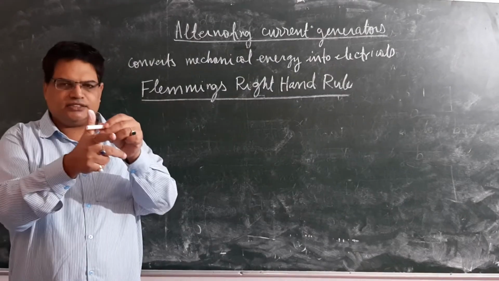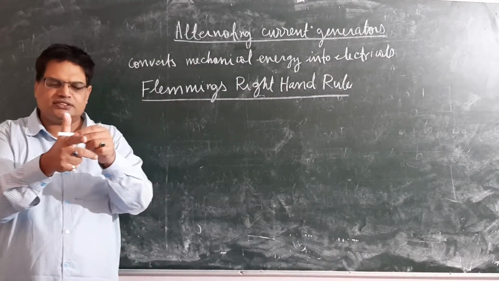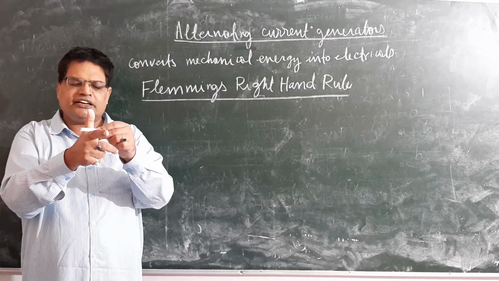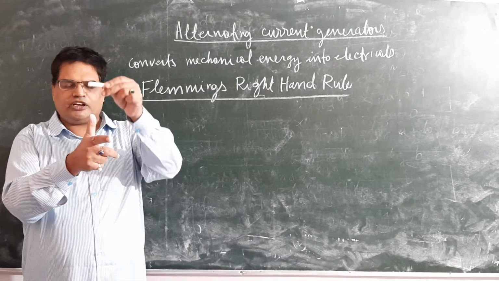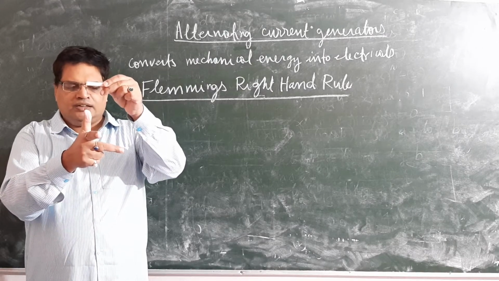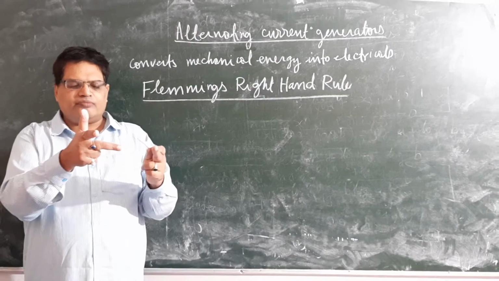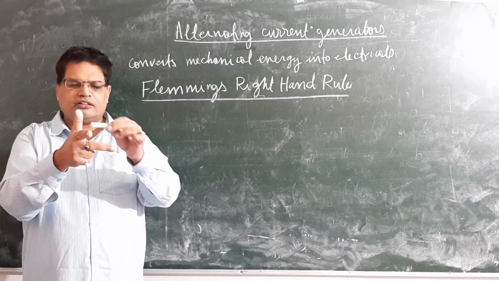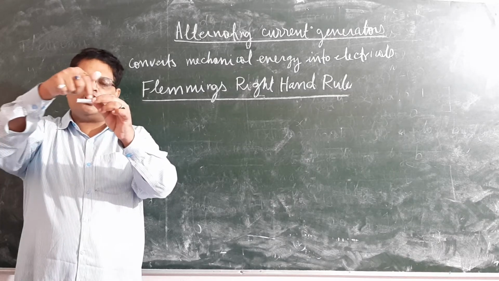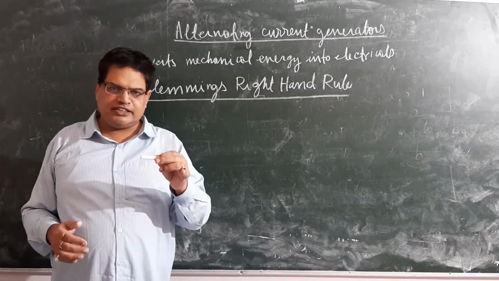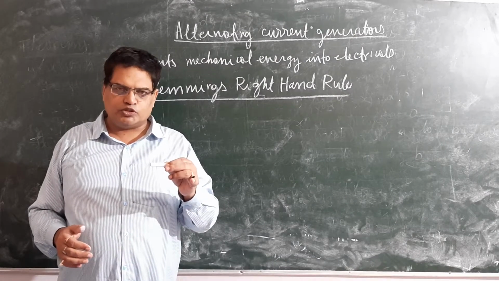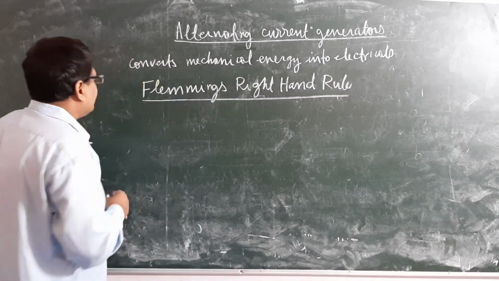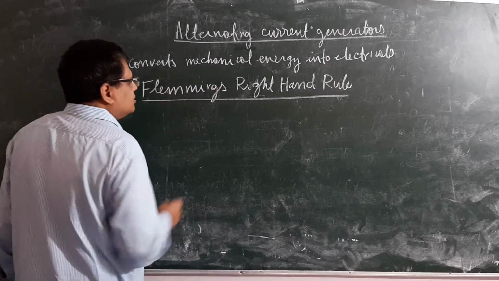Suppose this chalk is a conductor, and it moves along the direction of the thumb. Then the middle finger will indicate the direction of the induced current. That is, current will flow along this direction. So that is Fleming's right hand rule.